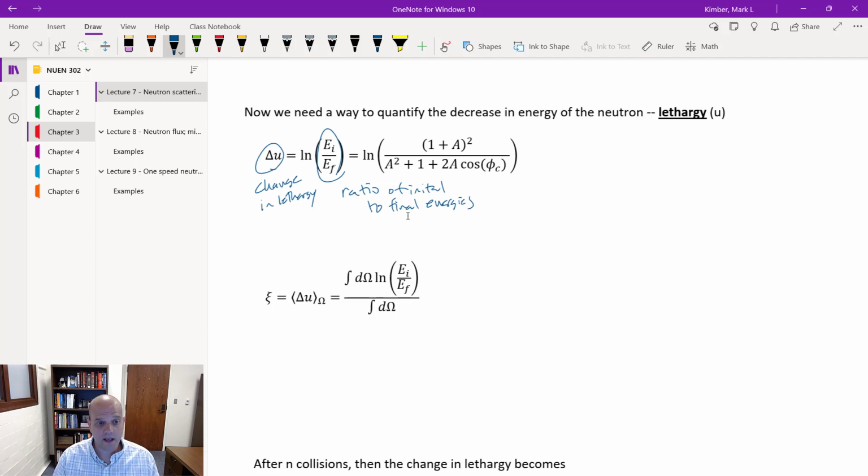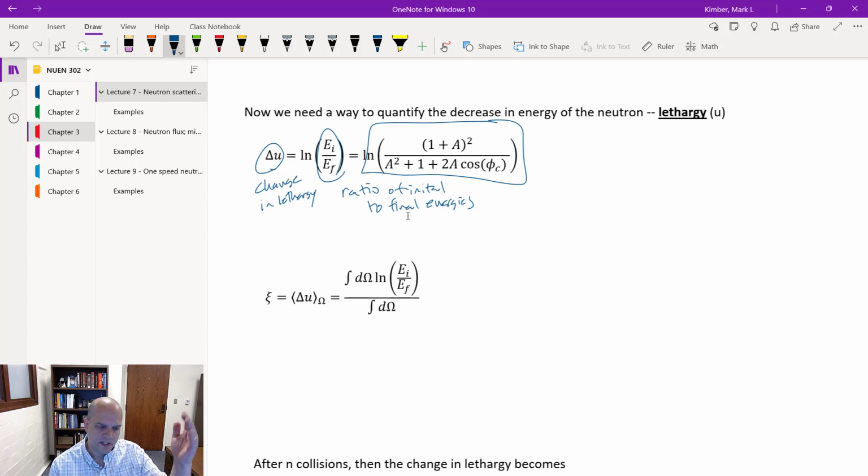And I can express that in terms of the relationships that we just developed that now take phi sub c and A into account. And so this really represents one event, right? This is the change in lethargy for one event, one scattering event.